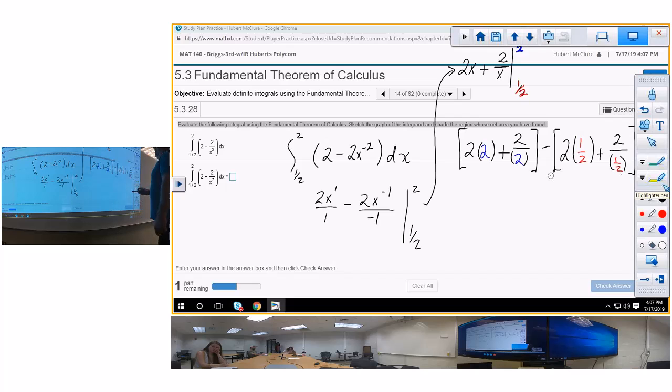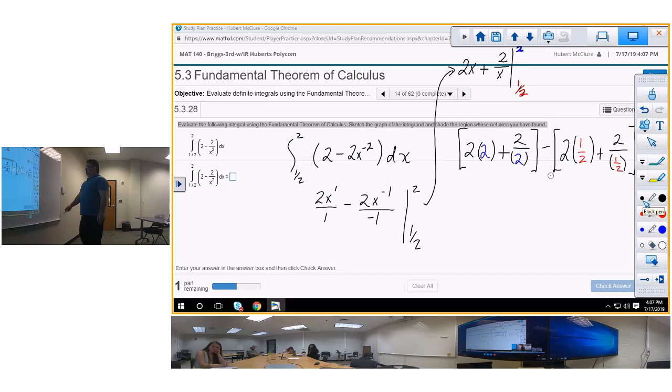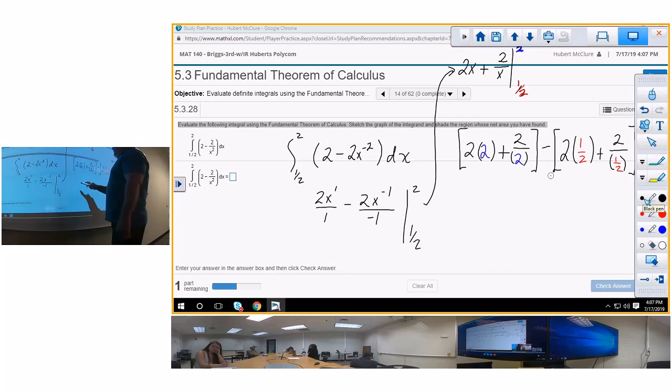You do not need a calculator for this. If you need a calculator for this, you might as well say you can't spell mom or race car backwards. Okay? So, let's do it. 2 times 2 is 4.